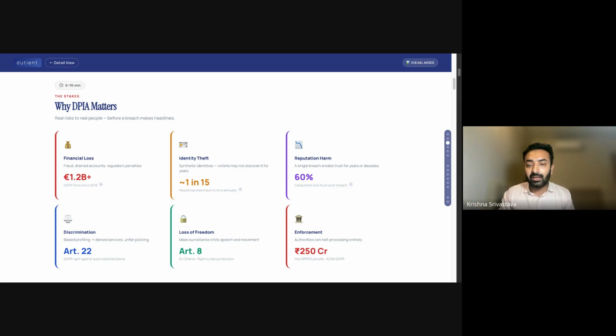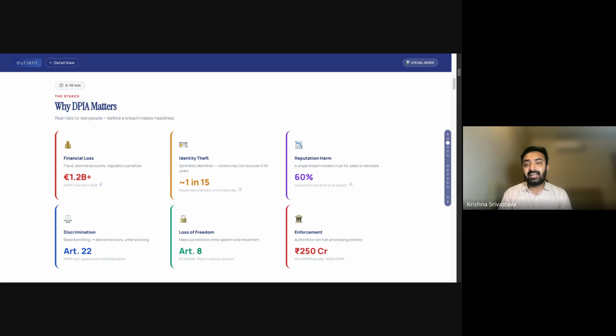We've noticed that a lot of breaches actually affect organizations a lot. It's not just about losing some money, or eroding customer trust, but it's also about the reputational harm that happens. And by a lot of surveys and research that have been done, we have noticed that 60% of consumers lose trust post data breach.